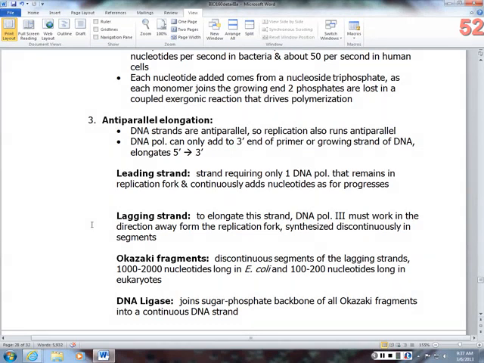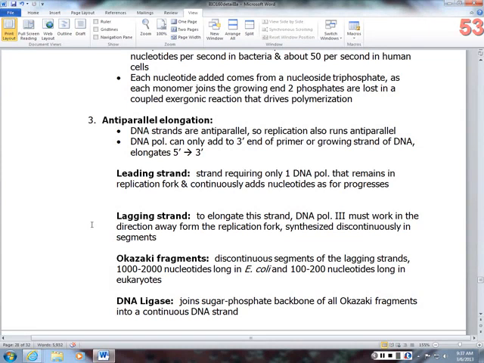And this works good because as this splits open on this one, you just keep adding on here as it's splitting open. However, on this side, you've got the enzyme in the same place. What you have to do is go part way in there, or you're going to have to start and go here out, here out, here out, like this.